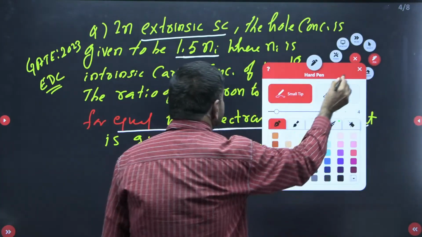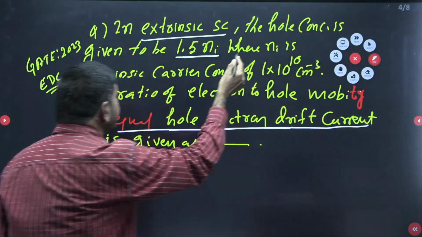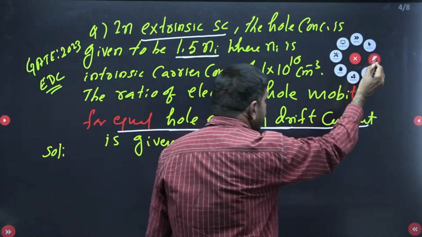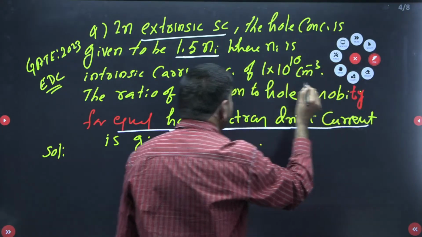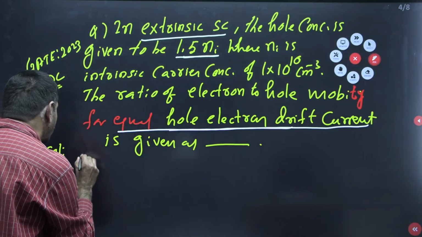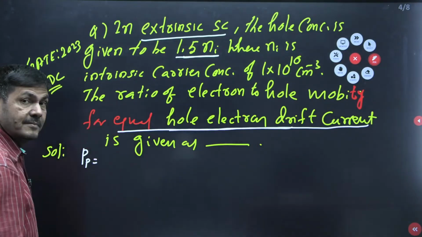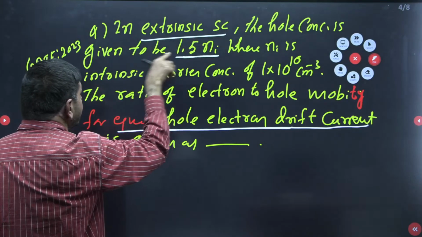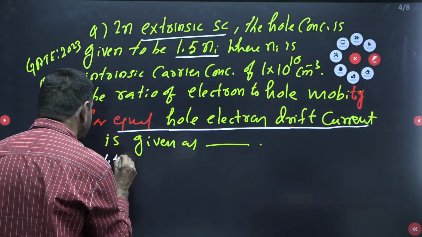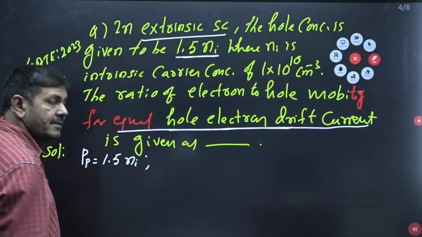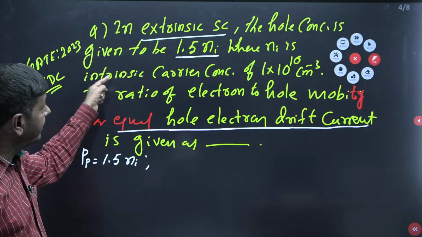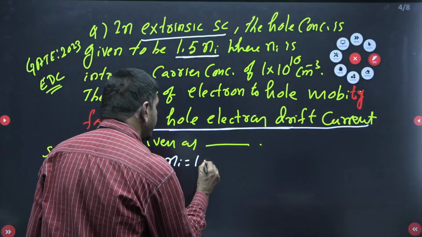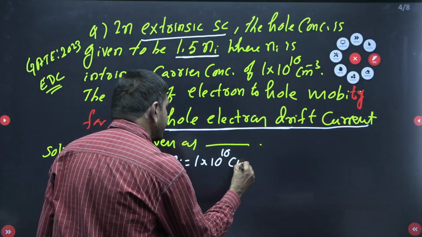In the problem, the hole concentration is given. The hole concentration I denote by the symbol P suffix P, the number of holes in the P-type extrinsic semiconductor. That is 1.5 times Ni. And the intrinsic carrier concentration Ni is given as 1 into 10 power 10 per cm cube.